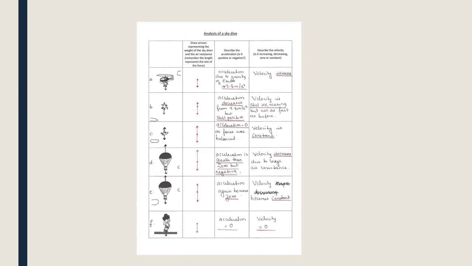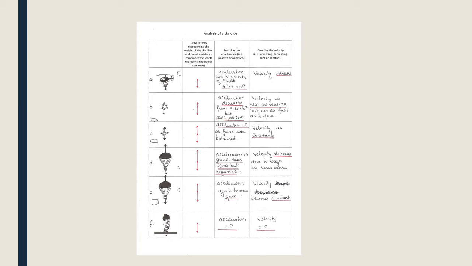When the question is to describe the acceleration, is it positive or negative? All you need to say is that it is positive. But I have added the extra bit: positive 9.8 meters per second squared, or if you want you can go to 10, that doesn't matter.